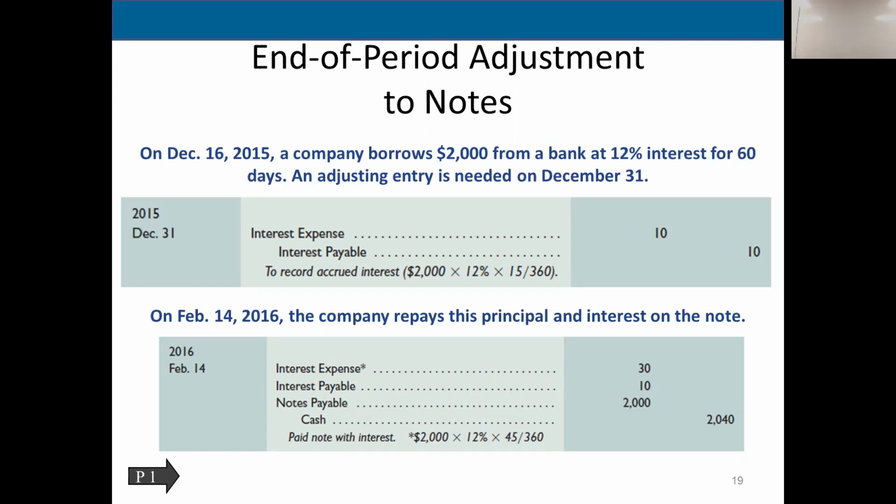So that's going to show the amount on the note, and then we see the payment of the full $2,000 in principal. Total cash outlay on February 14th was $2,040.